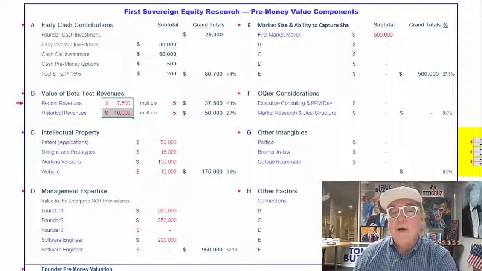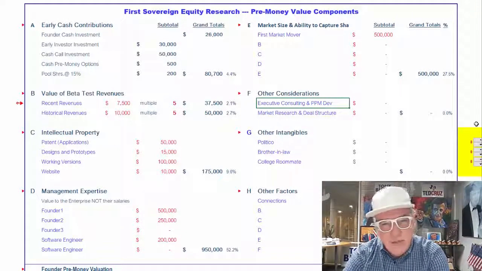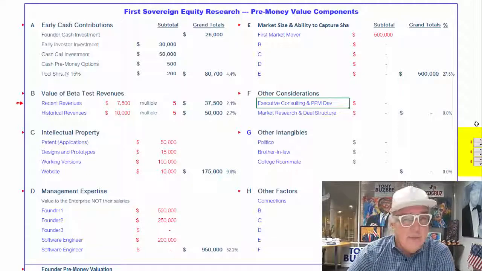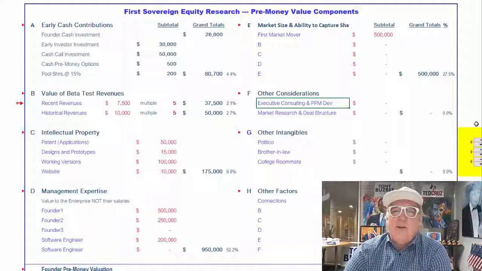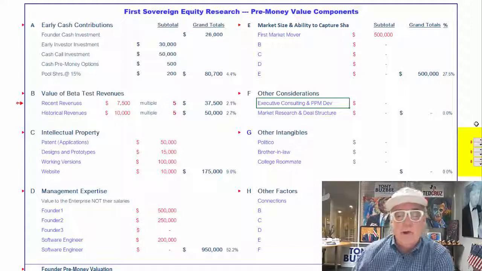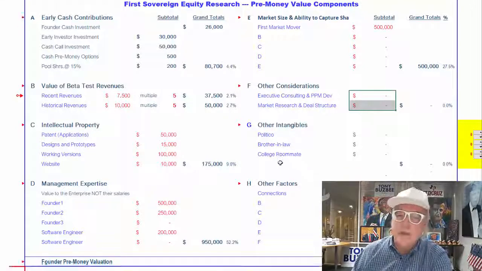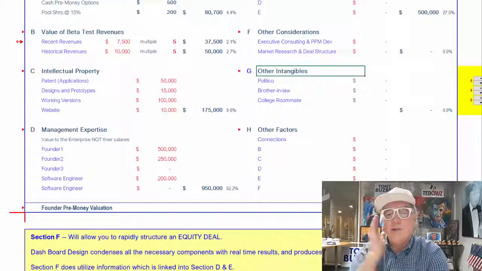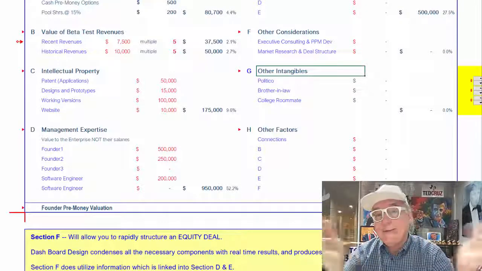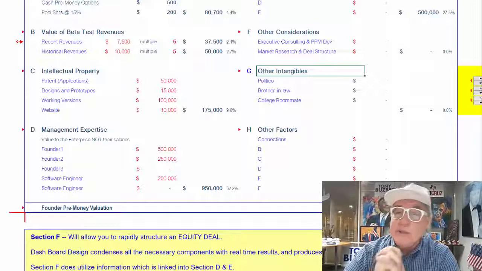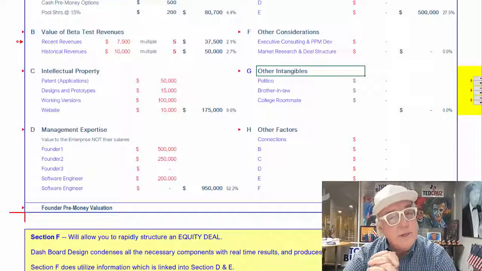Oh, what about these other considerations? Well, you could have done a hell of a lot of work on a private placement memorandum. You could have done a stellar job on some kind of a marketing study, something that shows the value of your time and your effort. Put it in here. Could it be worth $50,000? Sure it could. What about other intangibles such as politicos or brothers-in-law? Suppose you had a brother-in-law that was the assistant to a major CFO of the kind of company that you wanted to sell to.